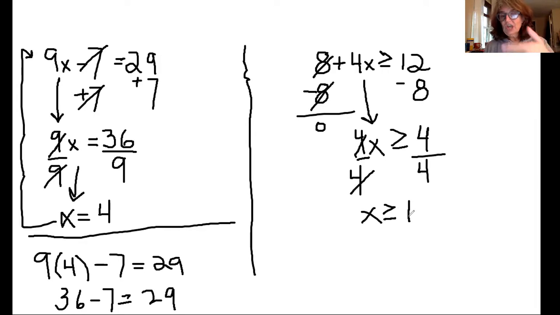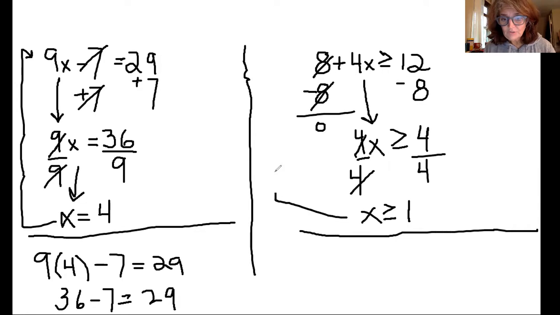Now, how could I check this answer? Well, if x is 1, I'm going to use this top equation here, back to our original equation. I'm going to start here with the 8 plus 4. And I'm going to substitute 1 in for x.